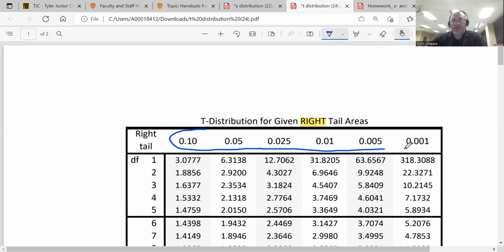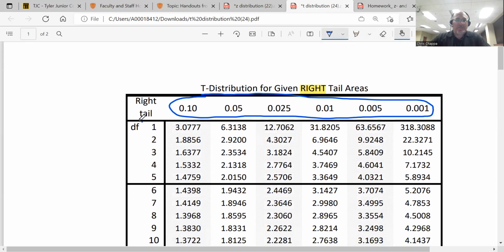The t-chart can only accommodate these 6 areas as percents: 10%, 5%, 2.5%, 1%, 0.5%, and 0.1%. On the left column are your degrees of freedom, and all of the numbers in the middle are your t-scores. So to look up a t-score in the middle, we need to know the correct row, which is based on degrees of freedom, and the correct column, which is based on the right area. So this is actually pretty easy.